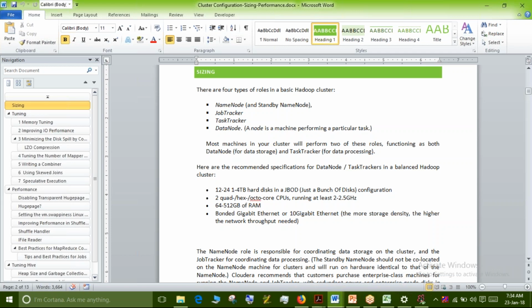I'm not sure whether you have gone through the MapReduce job execution or not. A MapReduce job has the following life cycle. What is that?